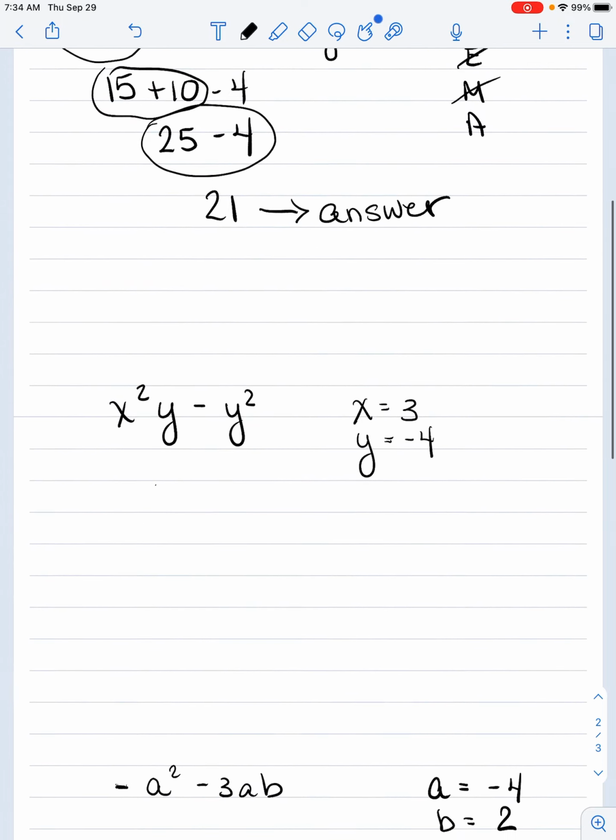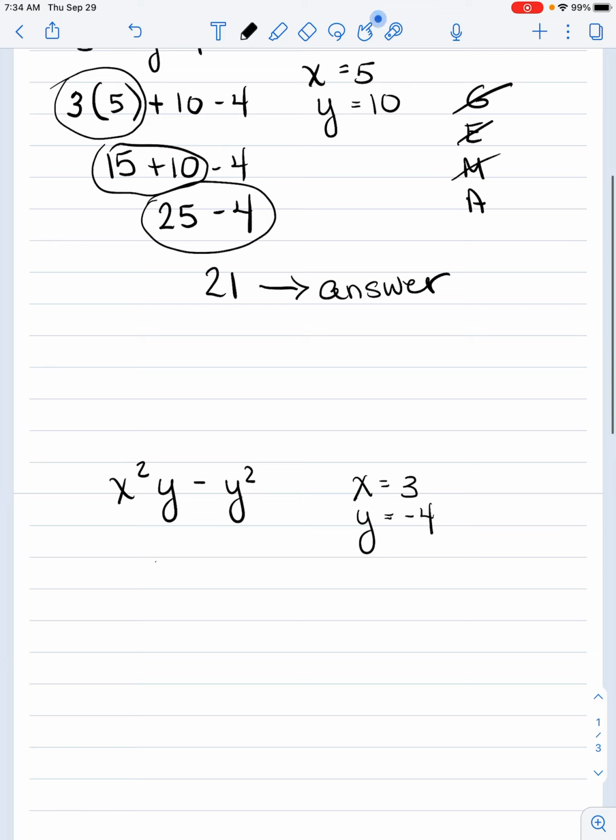Okay, let's go on to something that looks a little bit more intimidating, but we do it the same way. First step, substitute. Okay, remember your parentheses.